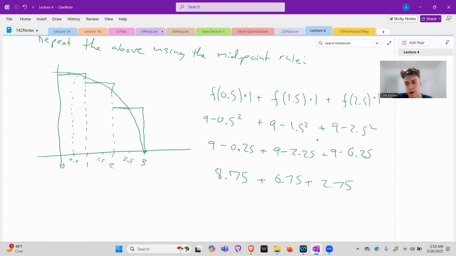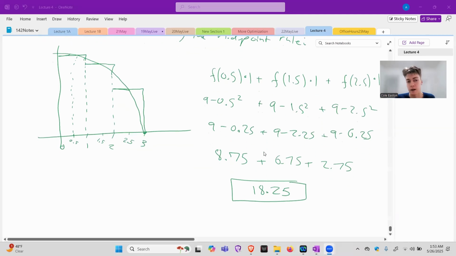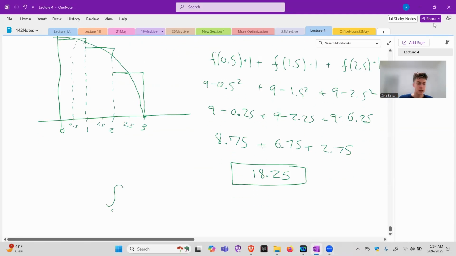And then 75 times 3 is 225, so it should be 18.25. Okay, I just double checked, and that is correct. So what we're saying, once again, is that the integral from 0 to 3 of 9 minus x squared dx is approximately equal to 18.25.